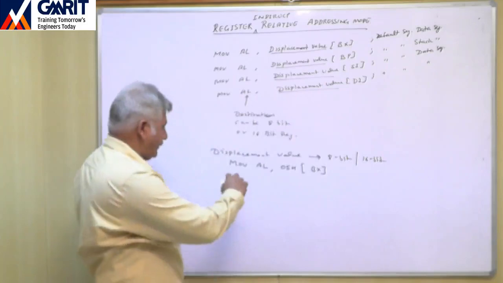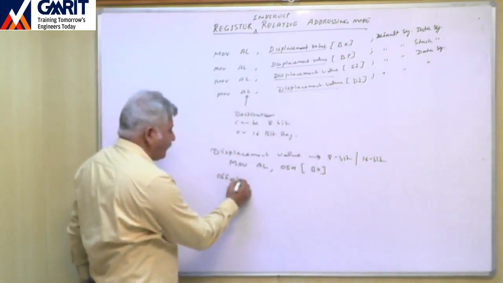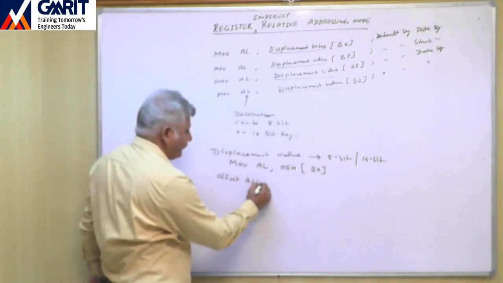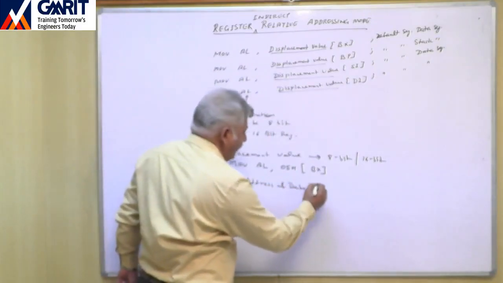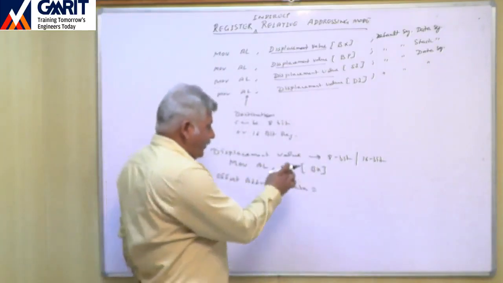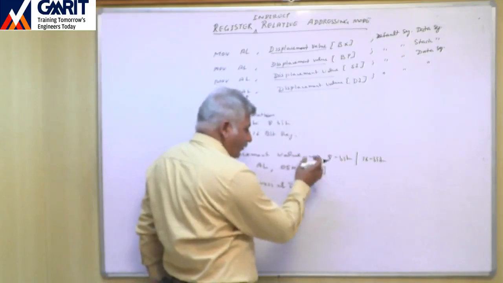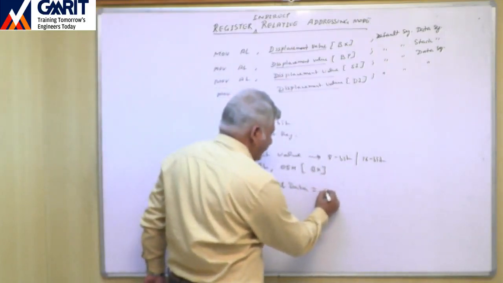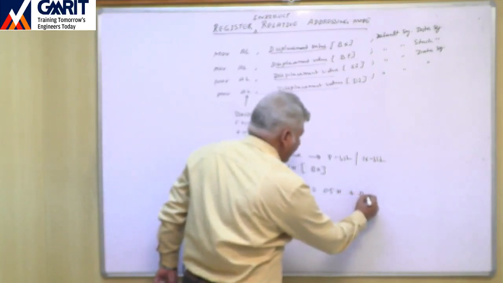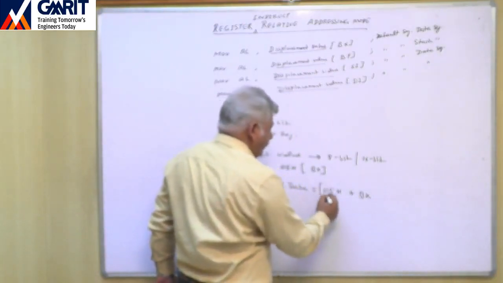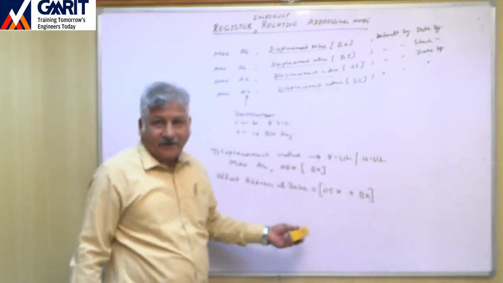Now in this case, the offset address of data will be calculated by adding this 8-bit displacement value with the content of BX. So 05H plus BX, right? By this way we can calculate the offset address.